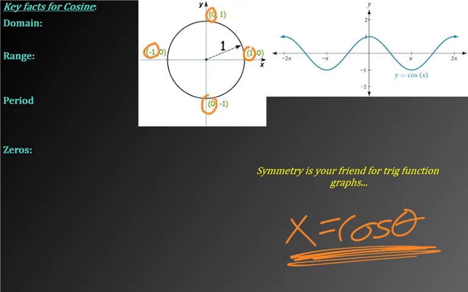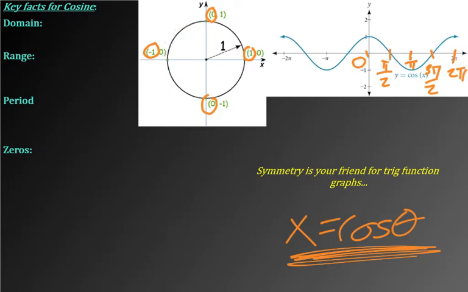So we still get a full cycle in 2 pi, but just notice at 0, we're at 1. At pi over 2, you're right there, and you're at 0. So this is pi over 2, this is 0, this is pi, 3 pi over 2, and then 2 pi. Those are my nice cutoff points.